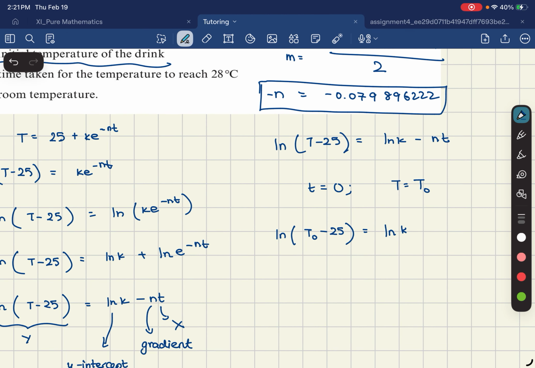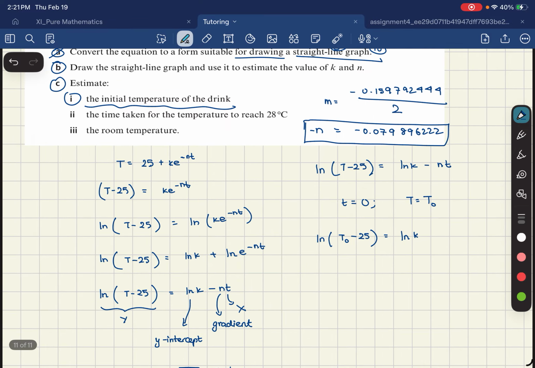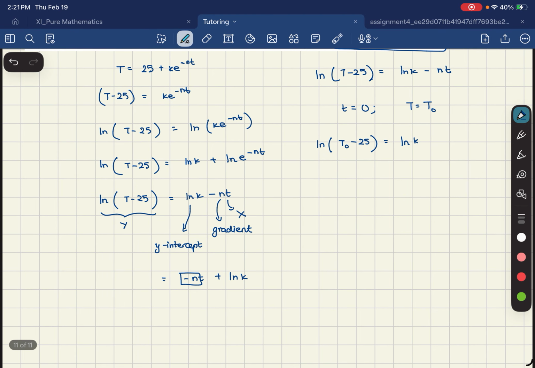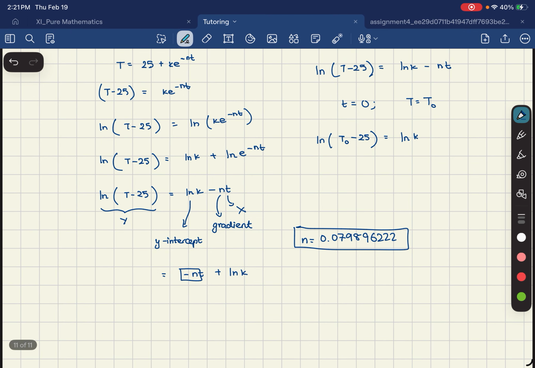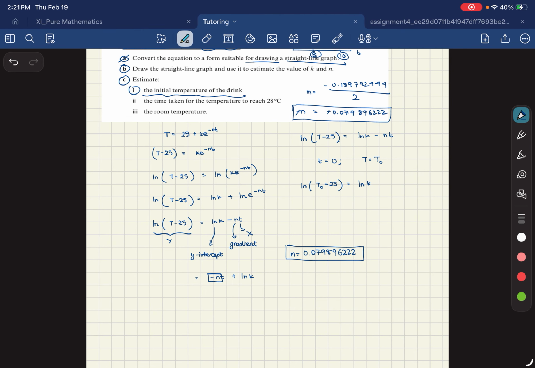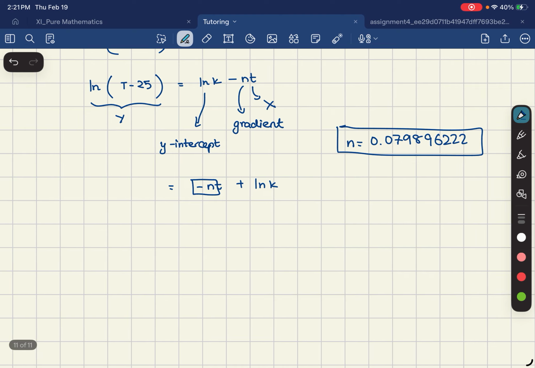So my n value is positive 0.07989622. My gradient is negative of that. And now I can use this to estimate my k value.